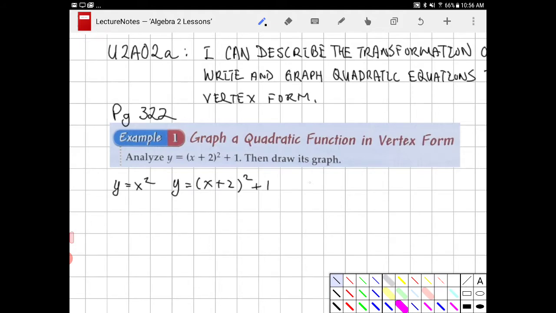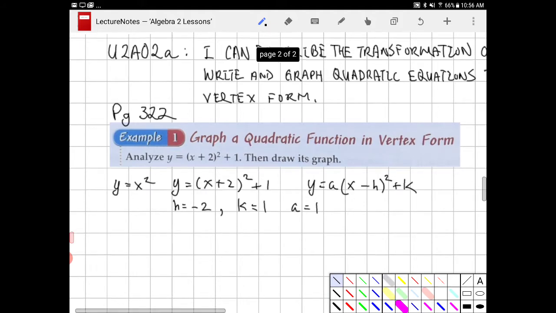Recall that the quadratic equation in vertex form took on this shape. From here we can identify that h is actually negative 2, k is equal to 1, and a is equal to 1.